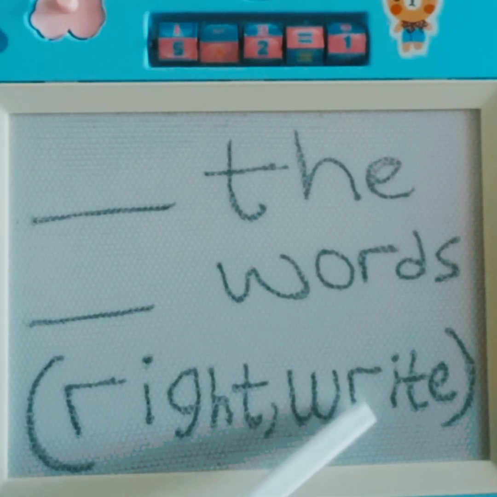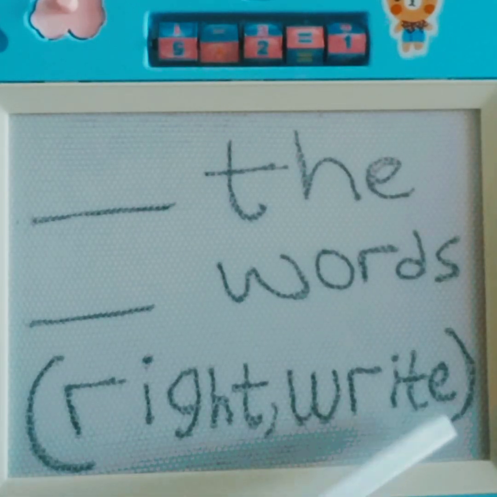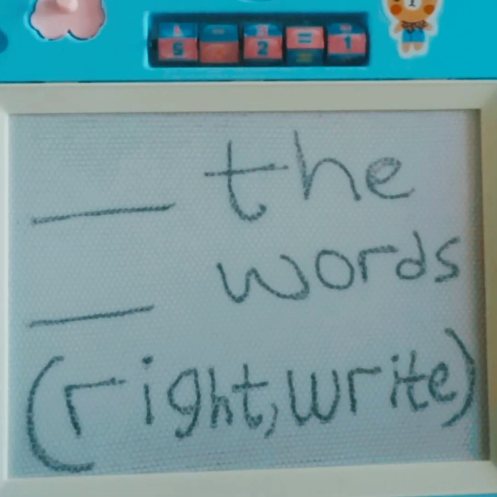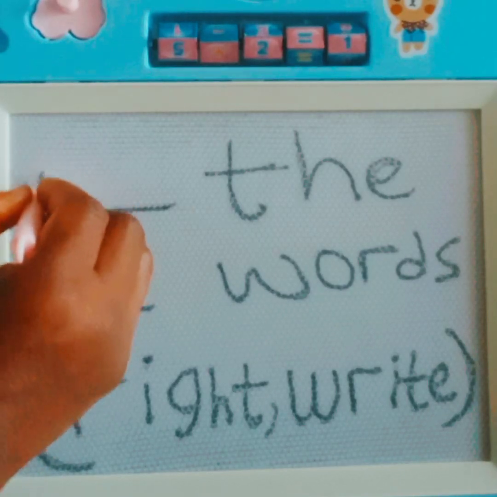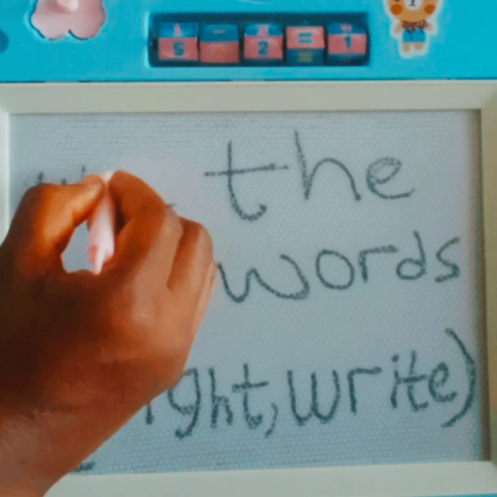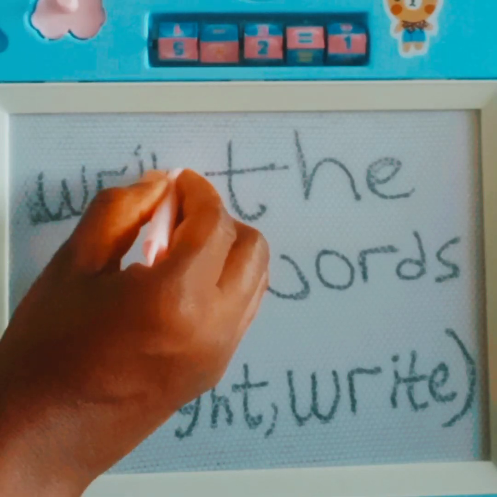If you say W-R-I-T-E, you're correct. Because W-R-I-T-E means using a pen to form words, to write. So this is write.